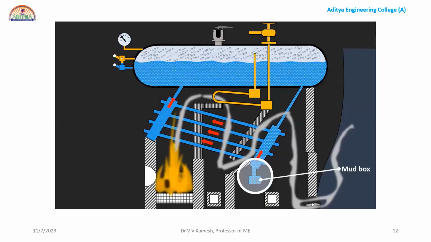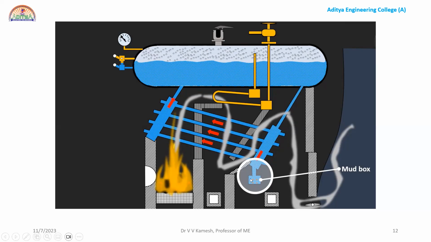Right. Now you can see in this diagram, we have another item, that is the mud box. Already you know water will have some impurities, and after heating, there may be some formation of scales due to impurities and dissolved salts. So there we need to have a mud box, right?